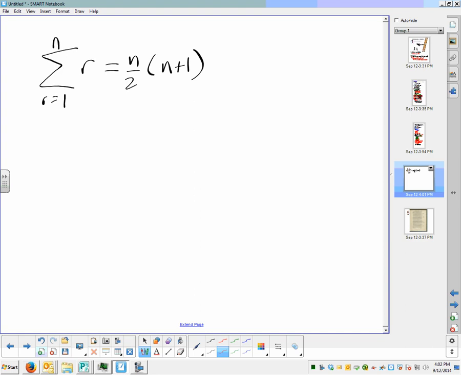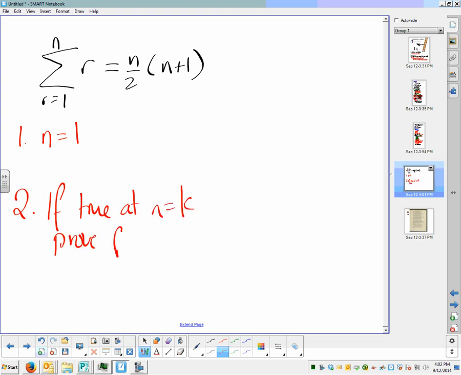Triangle numbers. I'd like you to prove that by induction, firstly by checking that it's true when n equals 1, and secondly by assuming it's true at n equals k, and proving it for n equals k plus 1. Best of luck.